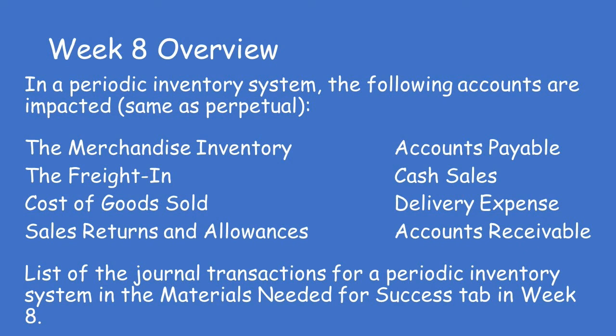And so, as I showed you the perpetual inventory journal entries in the materials needed for success tab for week 8, there's also one in there for the periodic inventory system, because those transactions are different between the two systems. Again, check out the materials needed for success tab that's in week 8.